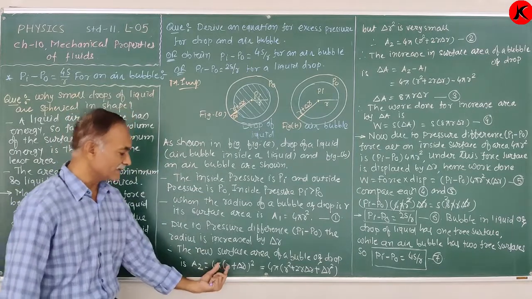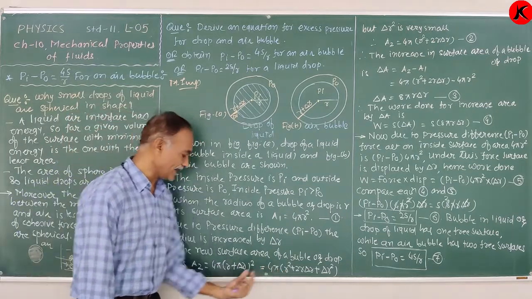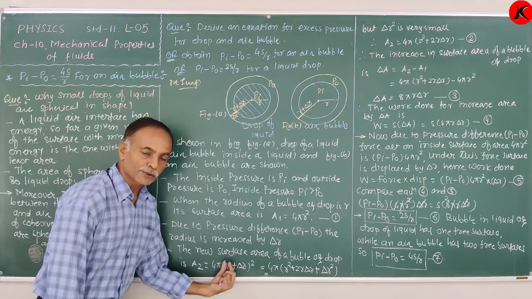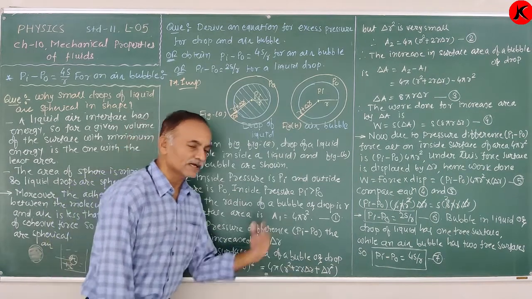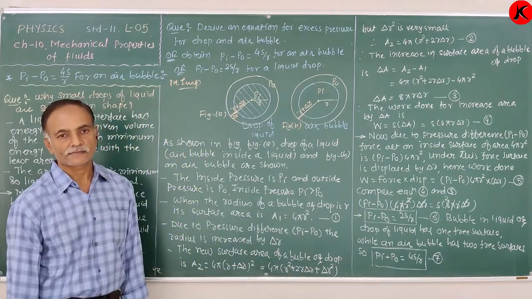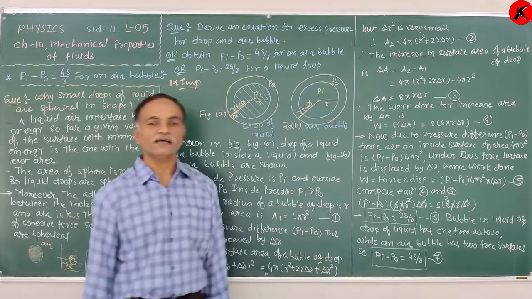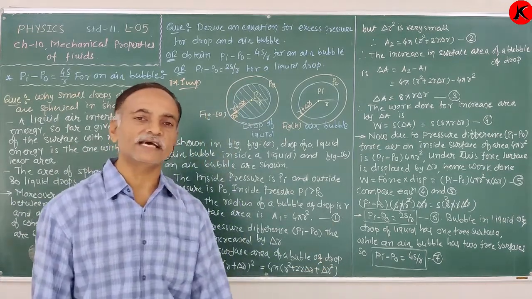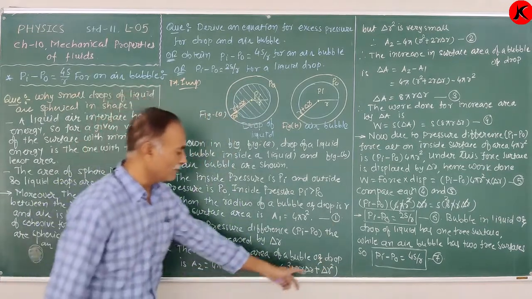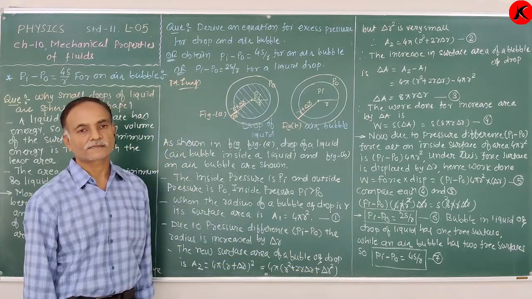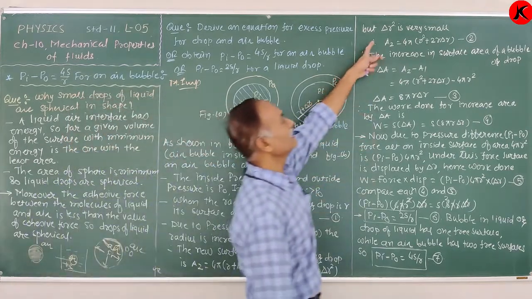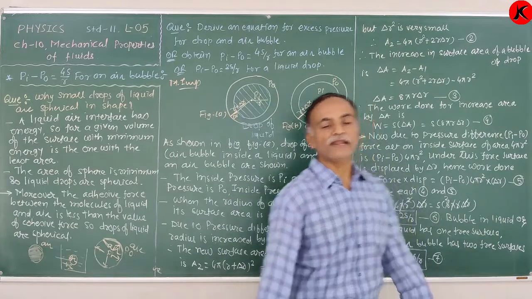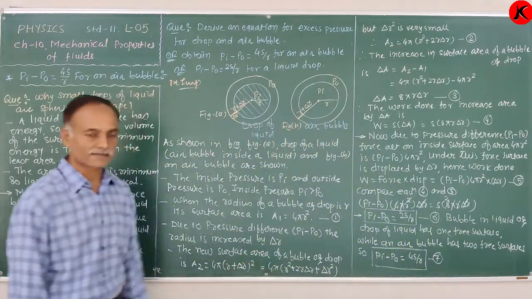We simplify this: 4 pi into bracket R square plus 2R delta R plus delta R square. Delta R square is the square of the increase in radius, which is very small compared to the other quantities, so we are neglecting delta R square.